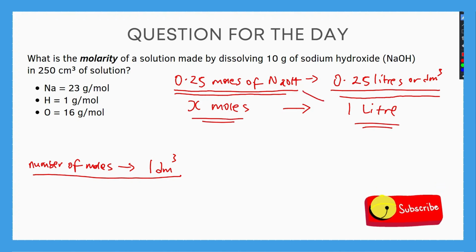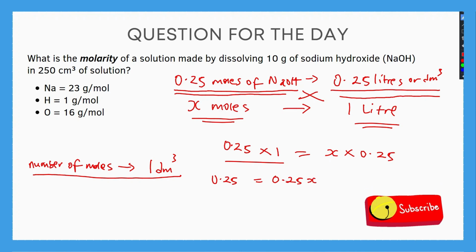So from there we can now cross multiply. When we cross multiply, it becomes 0.25 times 1 is equal to x times 0.25. 0.25 multiplied by 1 remains 0.25. This is equal to 0.25x. X therefore is equal to 0.25 divided by 0.25. This is equal to 1.